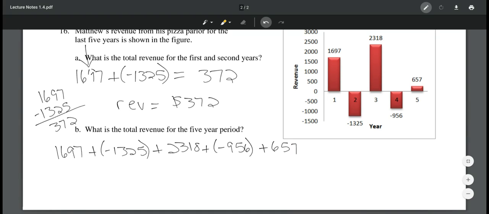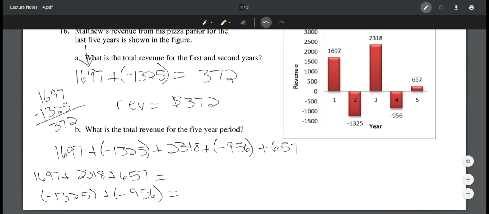So what you can do is add up all your positive numbers, all of the positives. Then you can add up all of your negatives. And then you can add those totals together.